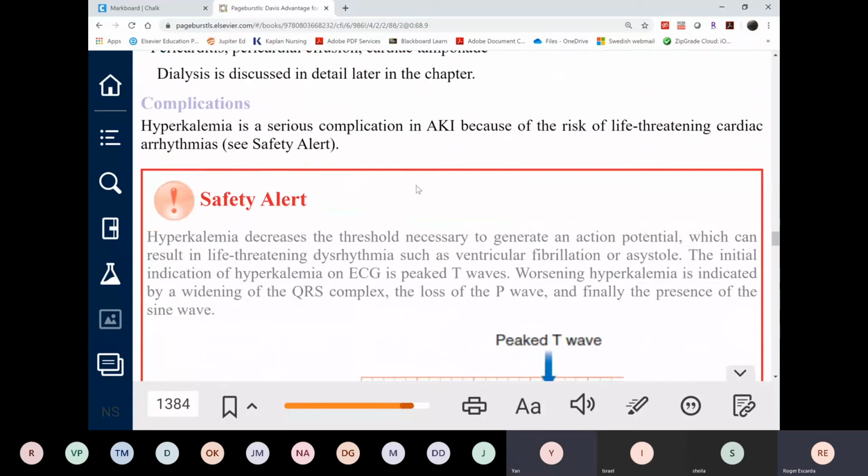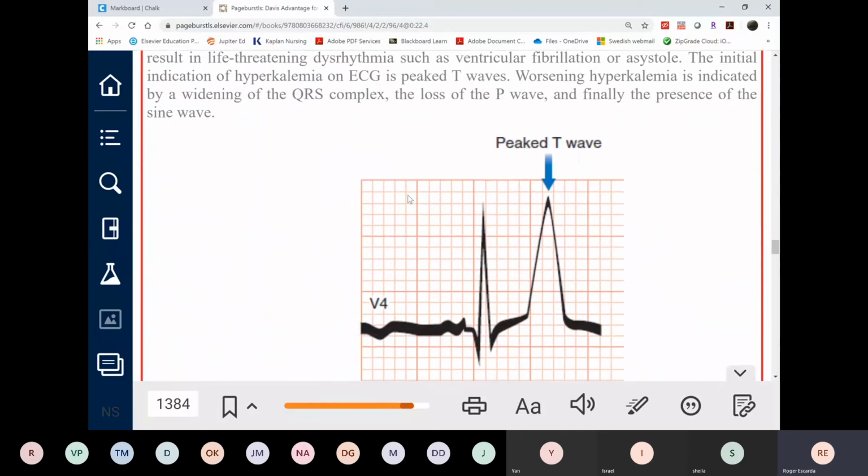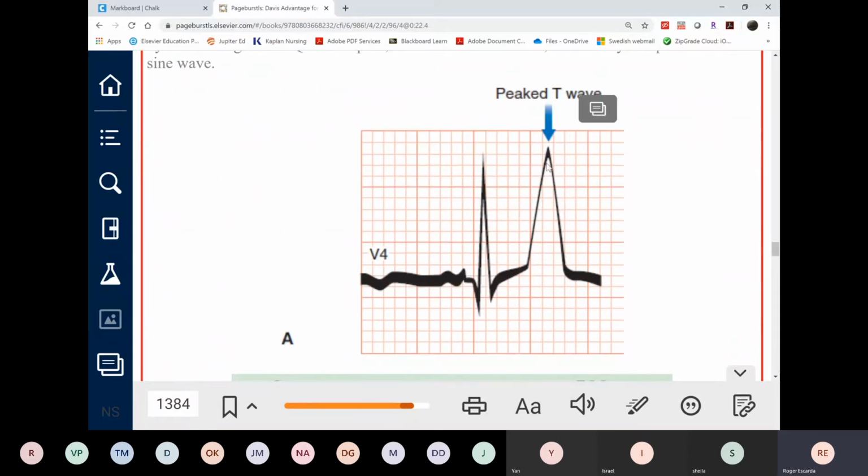So of all the problems there, the hyperkalemia, the hypertension, the heart failure that could develop during the oliguric phase especially, the most life-threatening acute complication is, of course, the hyperkalemia, because this can lead to cardiac arrest. How you identify it, hyperkalemia, this is a very unique feature.